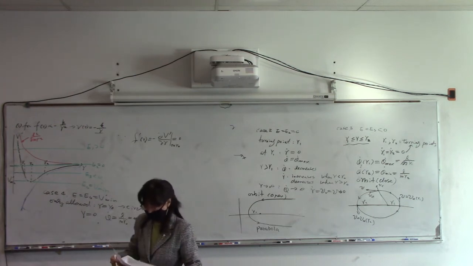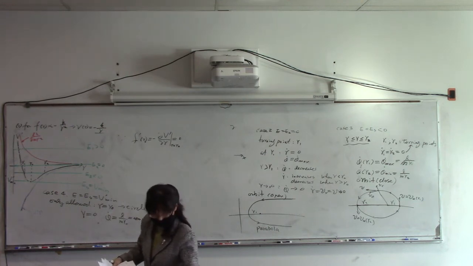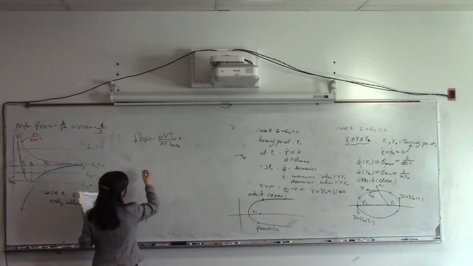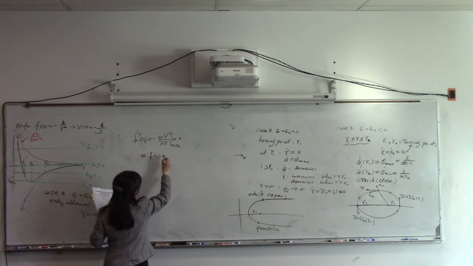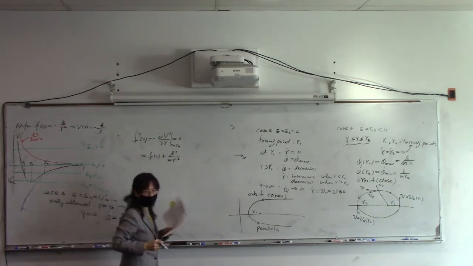Then, if you remember, F prime is equal to Fr plus L squared over M R cubed, right?